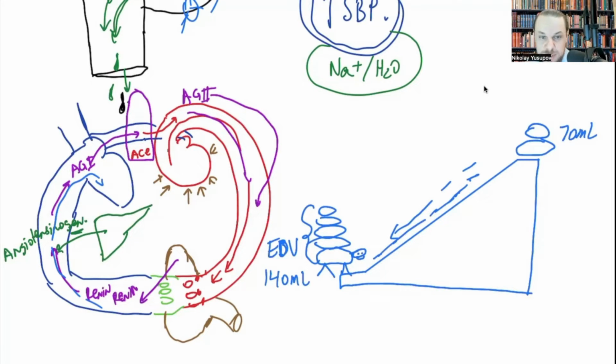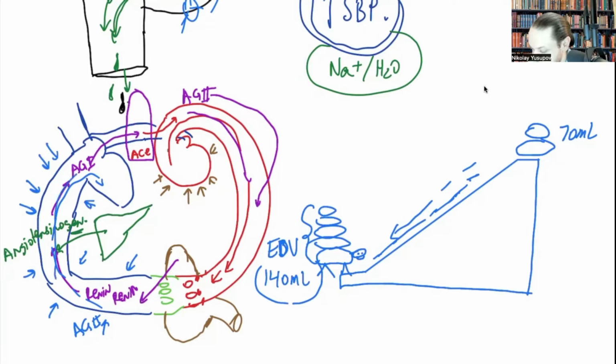Now, with the effects of angiotensin 2, release of aldosterone, and salt and water retention, all of a sudden, this amount of end diastolic volume is going to increase. Why? Because angiotensin 2 is going to vasoconstrict my venous side, venous tone, I'm going to have more blood coming in.